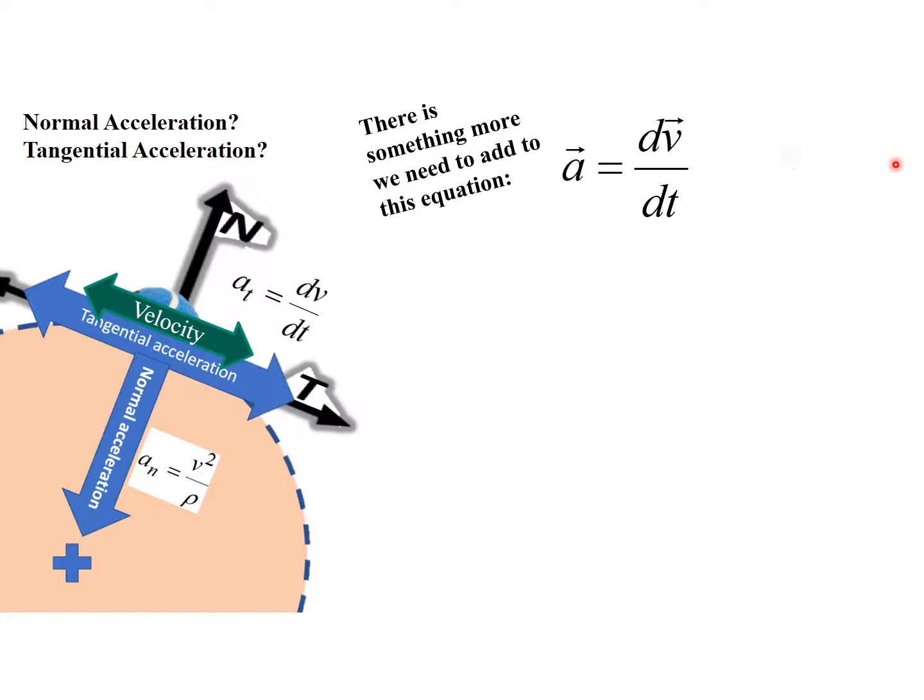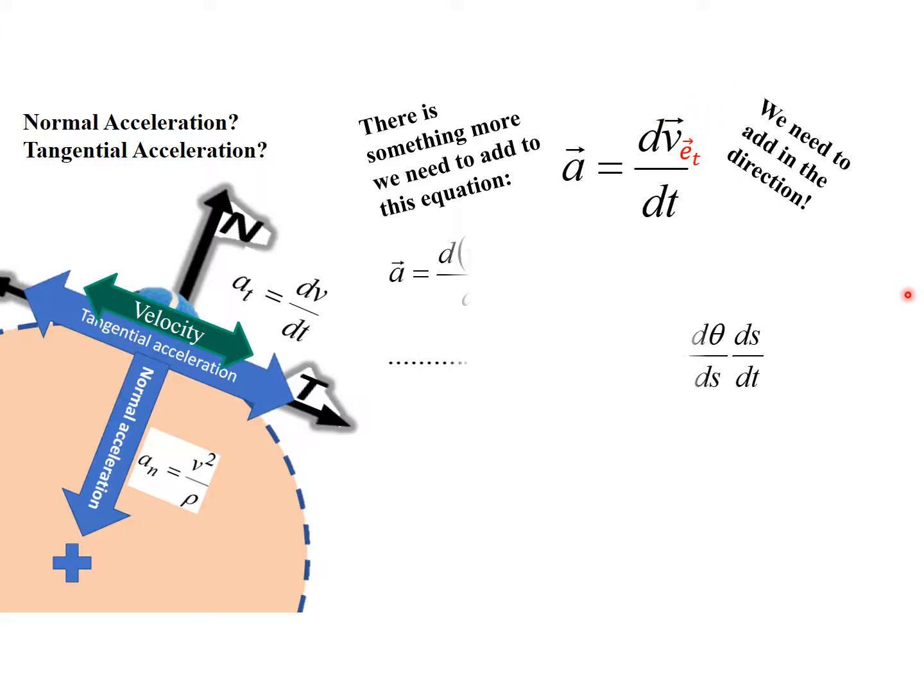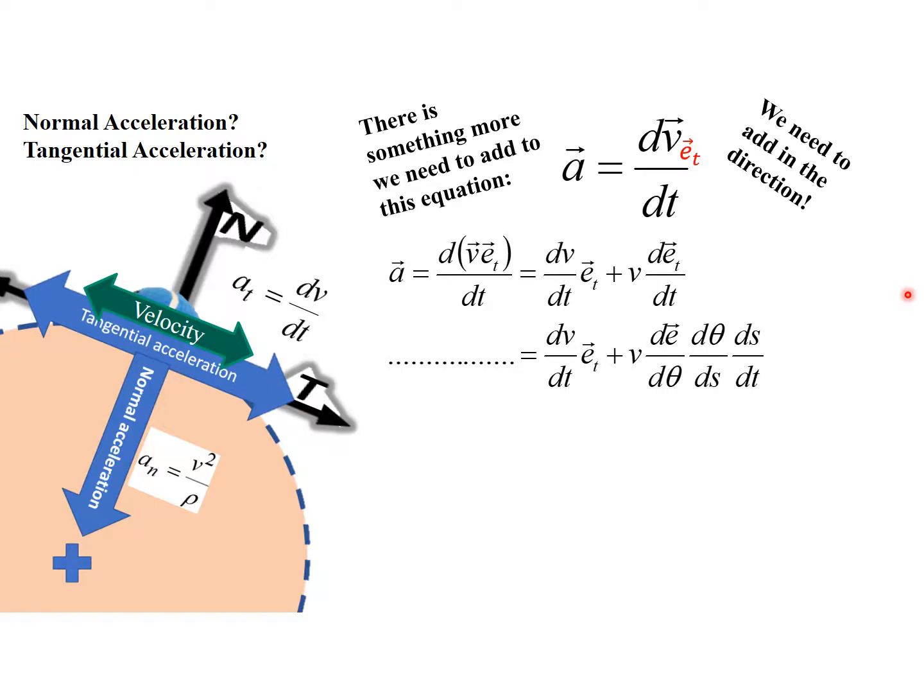And that comes from taking the derivative of not just the magnitude of the velocity, but also looking at how that direction changes. So here's that derivation again, and you're looking at how fast the magnitude changes, and that's in the tangential direction, and you're looking at how fast the direction is changing. And if you apply a chain rule to this, this is where that v squared over r comes from. So it's a quick substitution. ds/dt is velocity, r dθ is ds.